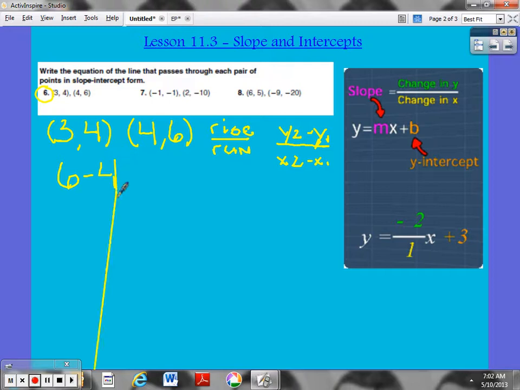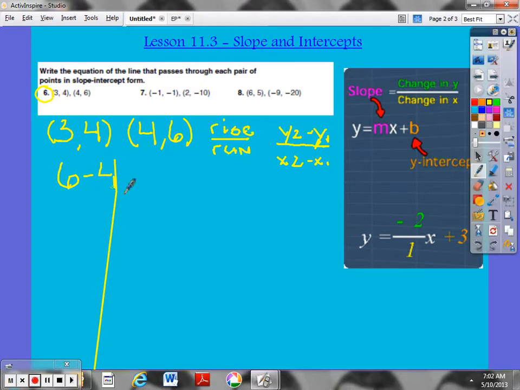So we have 6 minus 4 over 4 minus 3. This is a nice easy subtraction problem. 6 minus 4 is 2. 4 minus 3 is 1. So I have the slope.